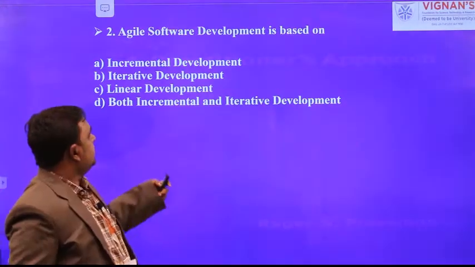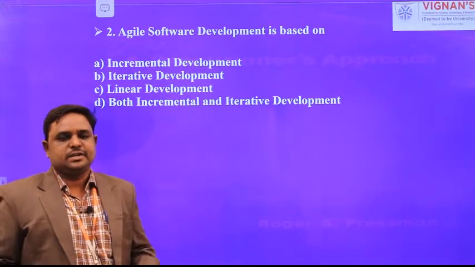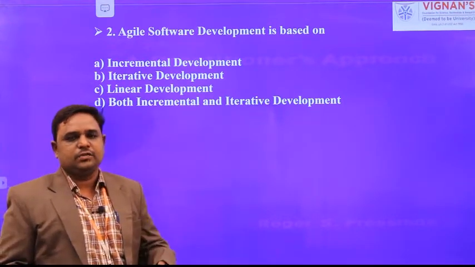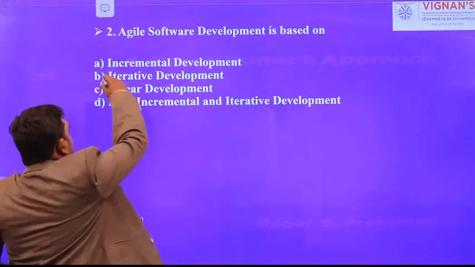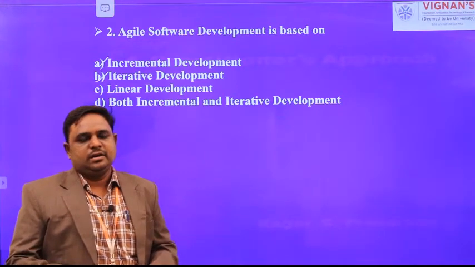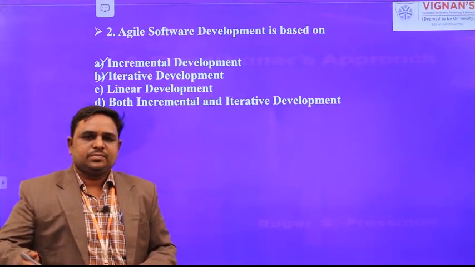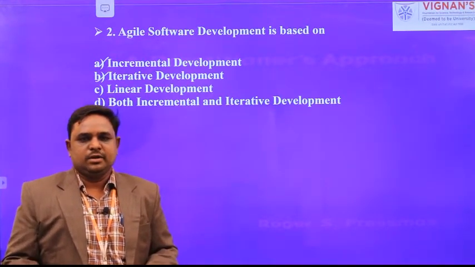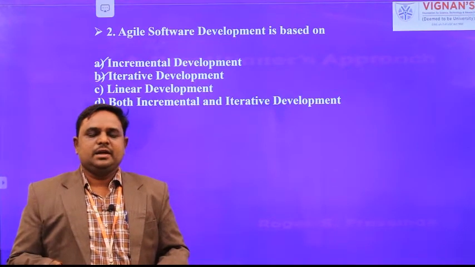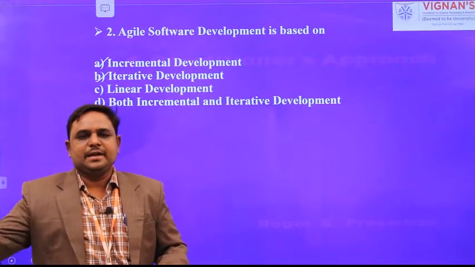Generally in Agile we follow both iterative and incremental development, because we take the requirements from the client in increments. We collaborate with the client and take the requirements as per the client's priorities, and then we make increments.